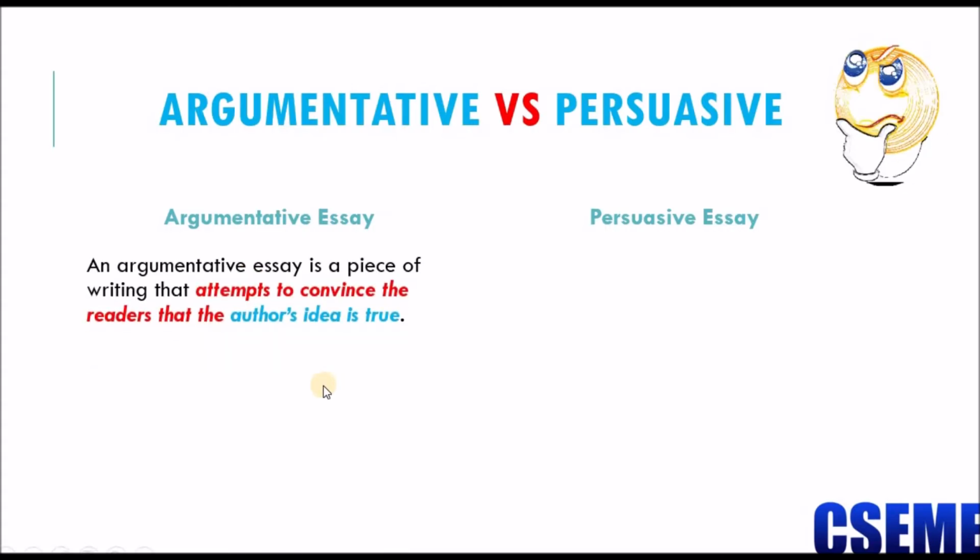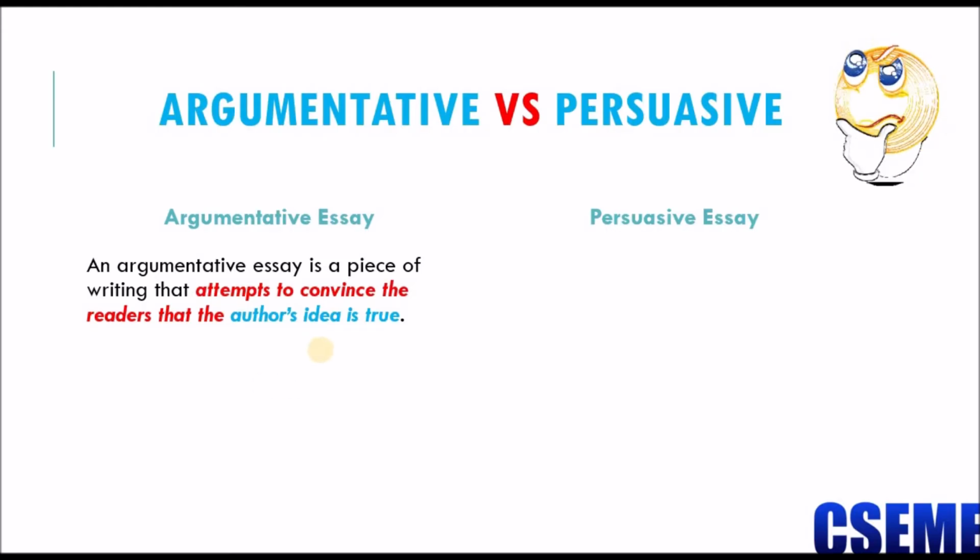Starting with the argumentative essay, I hope you know that when you're writing it, your major purpose, and we're going to talk about writer's purpose in another video, is to convince the reader that your idea is true, that what you're saying is correct and you know what you're talking about.